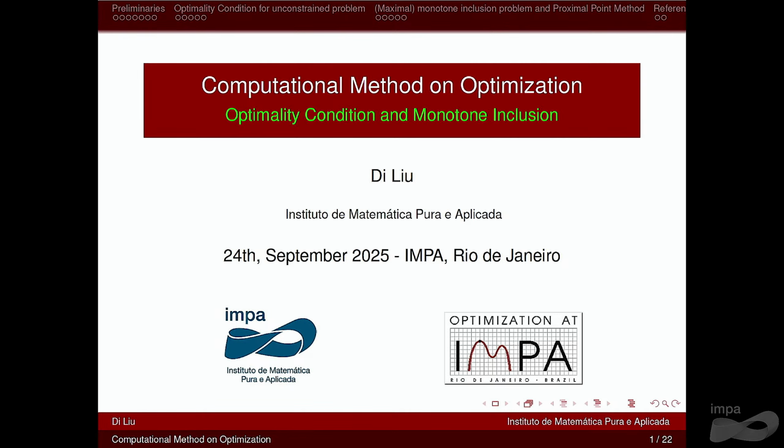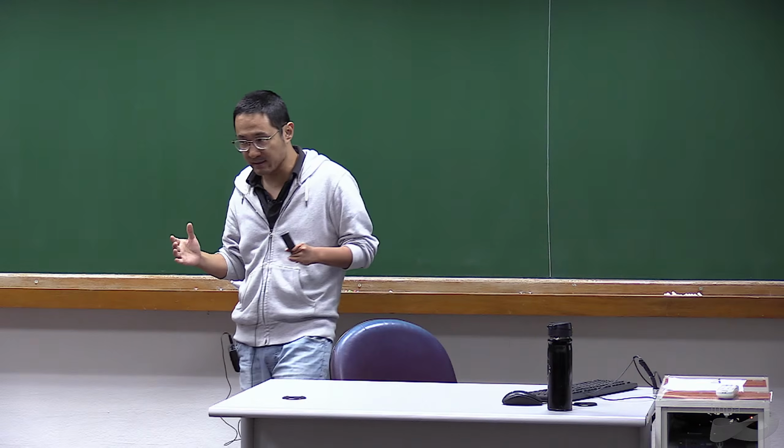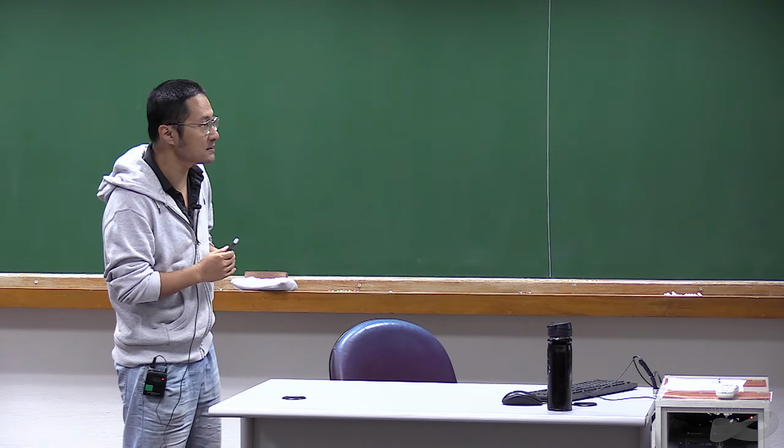But actually, this can give you another perspective to understand a lot of problems in optimization or operational research, and it can unify a lot of different algorithms and methods in optimization.